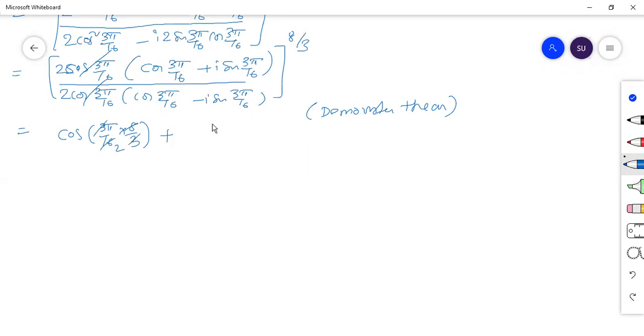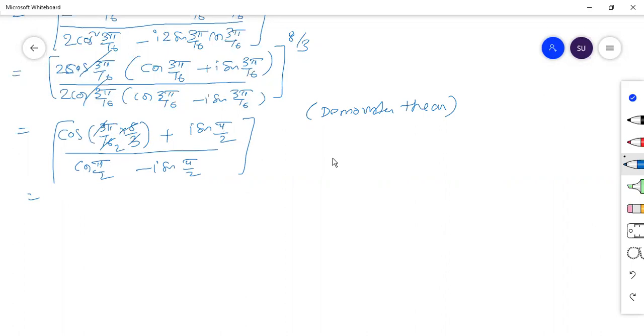So what remains? π/2. Here also same thing, right? Sine π/2 divided by cos π/2, minus i sine π/2. Multiplying with 8 by 3, so 3, 3 cancel, here 2 remains, π/2. Here also same thing, no? So directly I'm writing π/2.